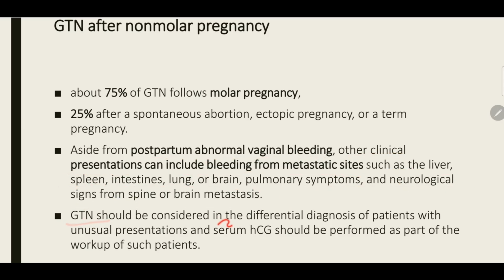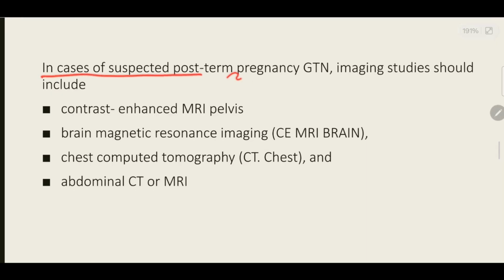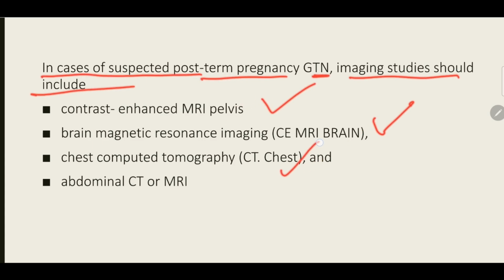GTN should be considered in the differential diagnosis of patients with unusual presentation, and serum hCG should be performed as a part of the workup of such patients. In case of suspected post-term pregnancy GTN, imaging studies should include contrast-enhanced MRI pelvis, contrast-enhanced MRI brain, CT chest, and abdominal CT or MRI.